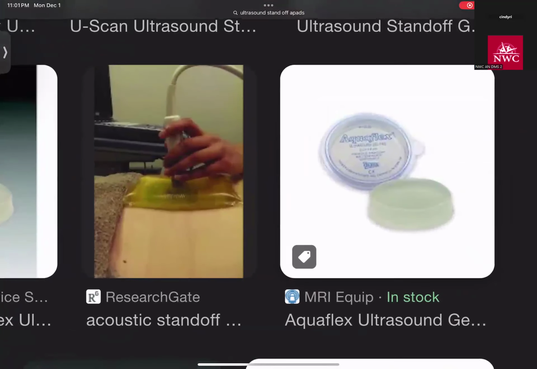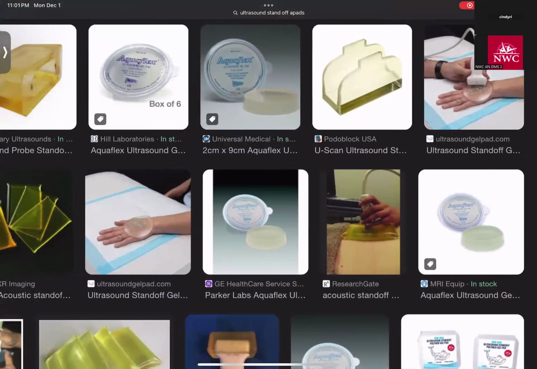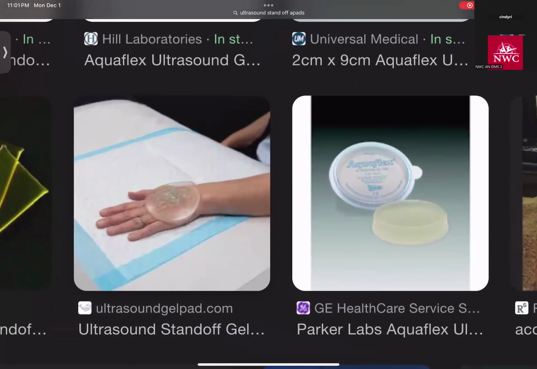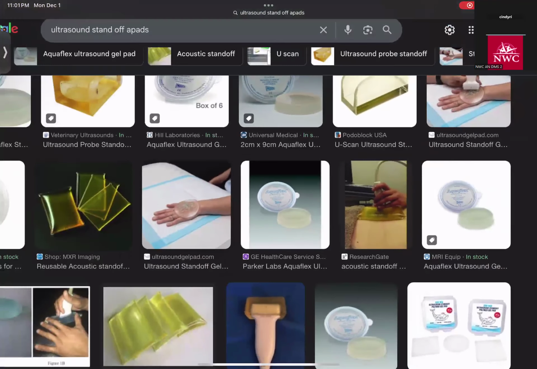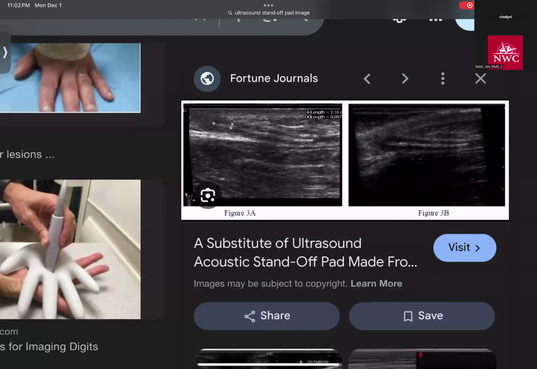What we do is we put gel under it, we put gel over it, and we slide our transducer over it. Let me show you what it does to the screen. So here's one example: in that first picture in figure 3A, you have a linear structure and it's very, very close to the top.